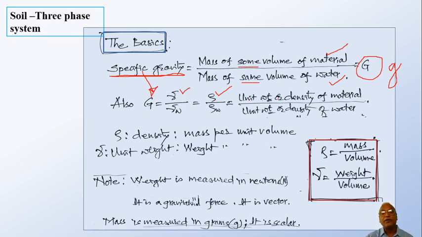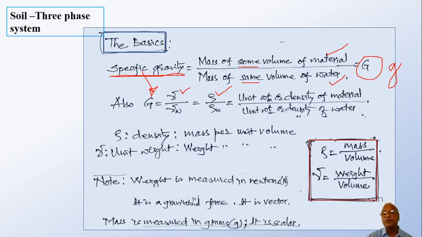So unit weight or density of a material to the unit weight or density of water is known as specific gravity. Now what is the notation we have used for density? It is rho. Rho is known as density. Density is mass per unit volume. So rho is equal to mass divided by volume.